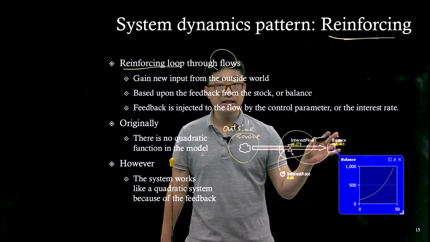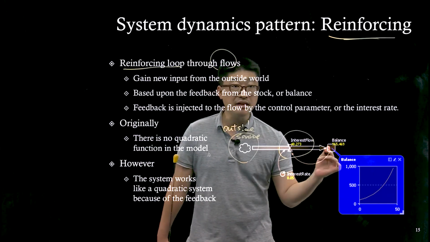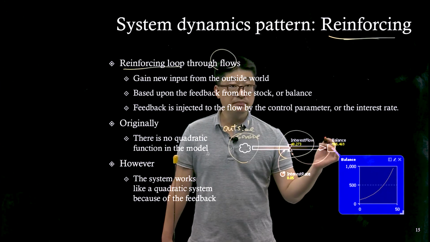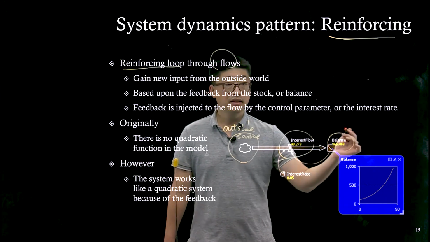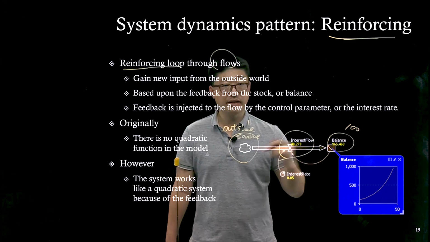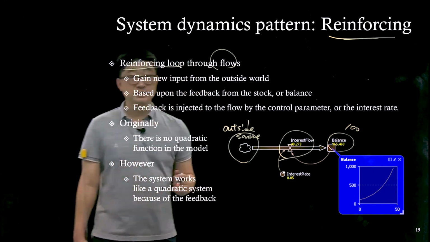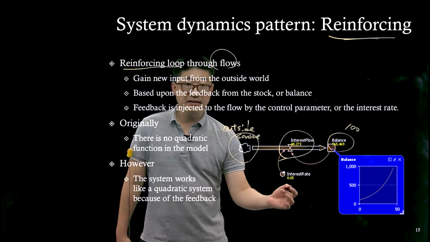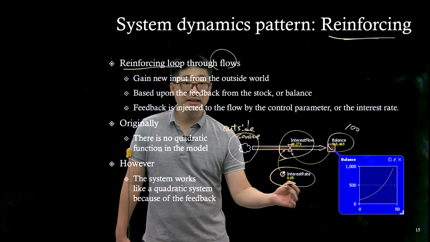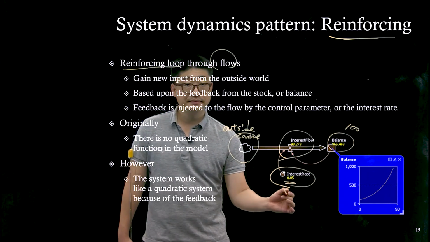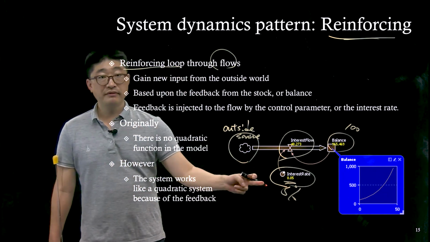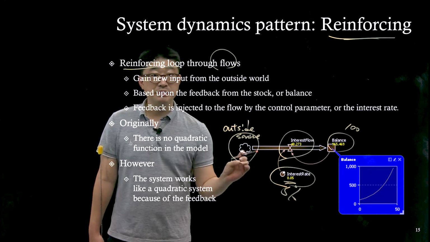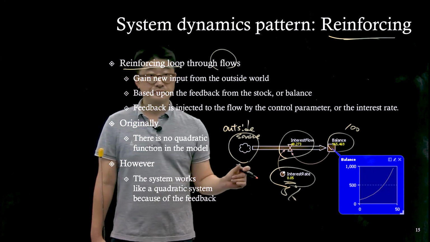Let's put this into our context. This is a banking account balance, let's say. Let's say we put 100 here as our balance, and let's say the interest rate is 5%. This is being specified as a parameter initially.